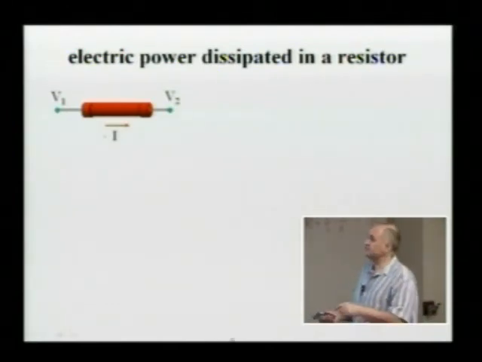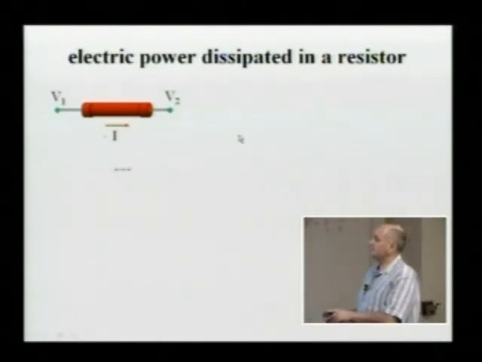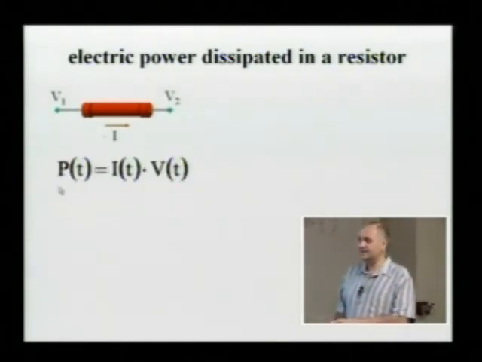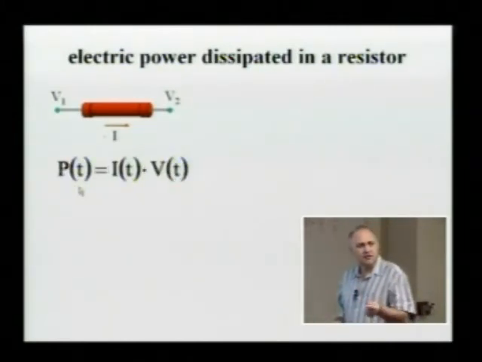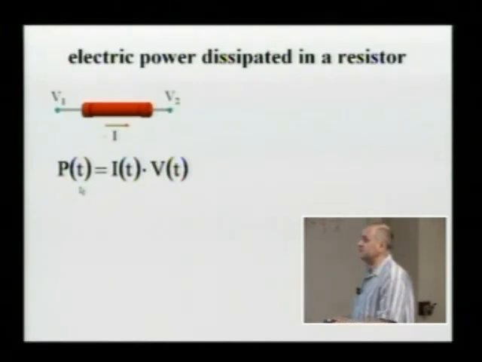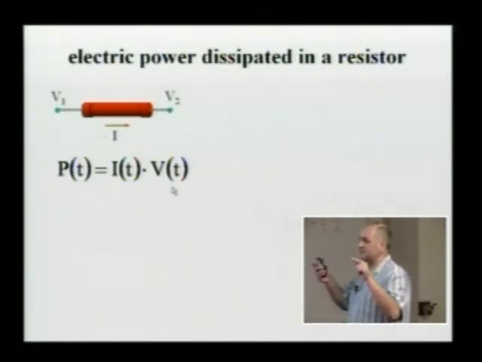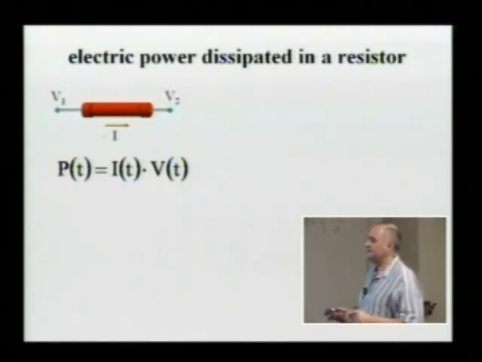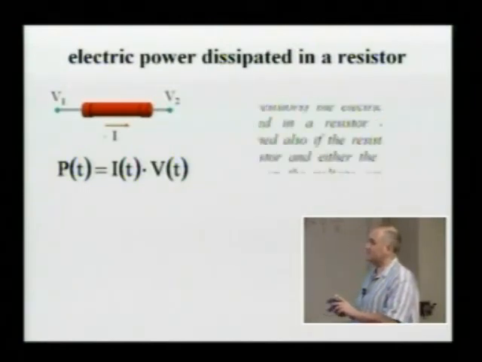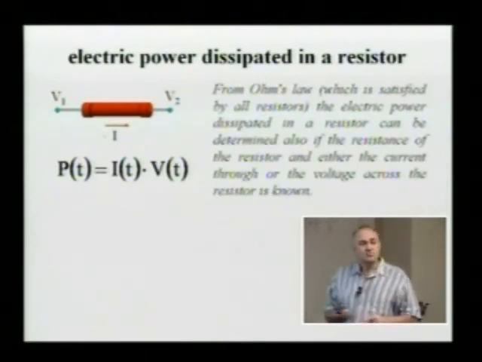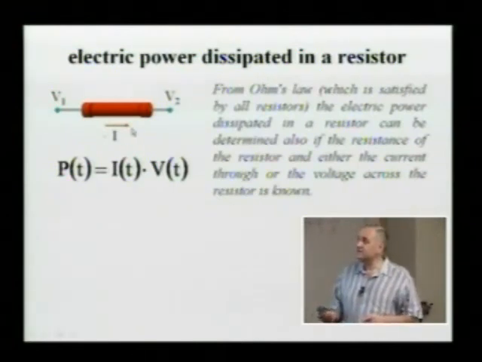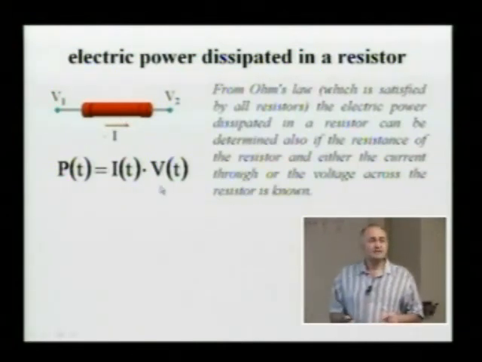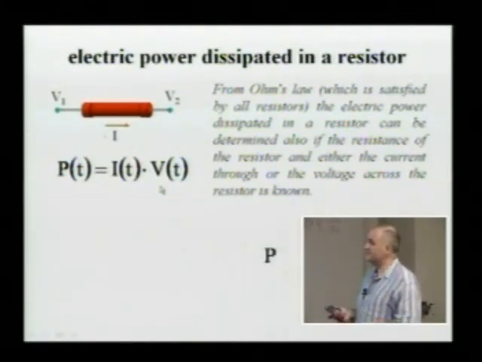Let's now take a look at the resistor. Let's recall that in any element, the power delivered at a particular instant is equal to the current at this instant multiplied by the potential difference across the element at this instant. Now we can use Ohm's law, because if it is a resistor, current and voltage are related.